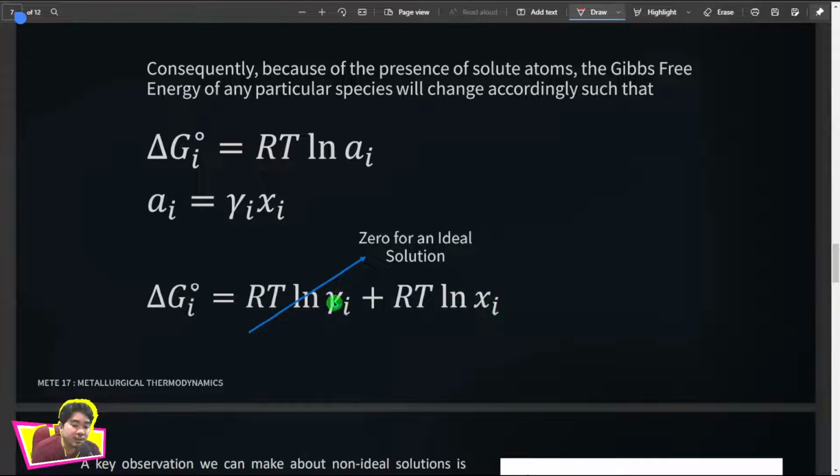And since for ideal solutions, gamma is just equal to 1, this whole term becomes 0 for ideal solutions.